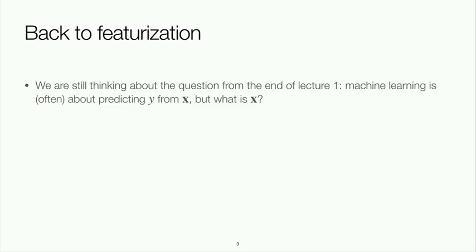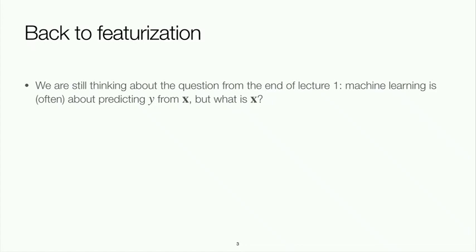But maybe it's good to back up a little bit and try to motivate why we're going to be studying deep learning from the perspective of this concept of featurization that we've talked about quite a few times already. So really, we're still thinking about this question that we asked at the end of lecture 1, okay?